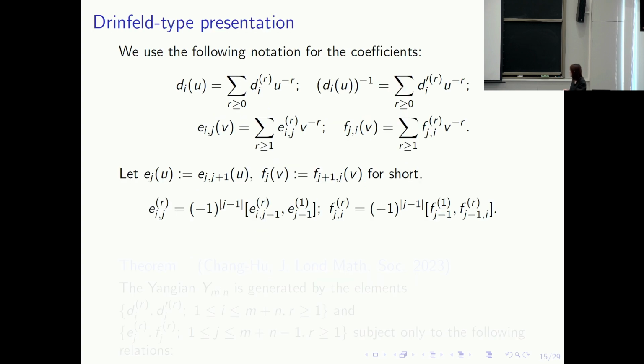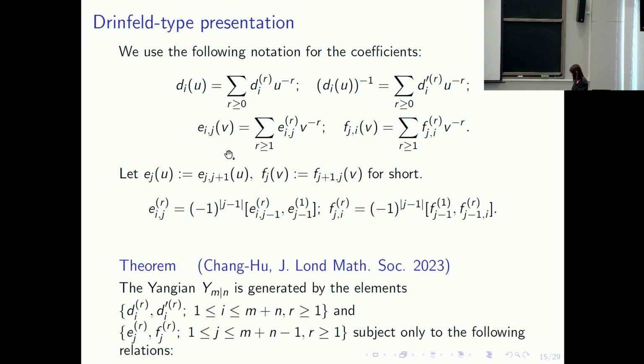But we can use these inductive relations. Then we found we just use these elements only. Then we obtained this theorem: the modular super Yangian Y_{m|n} is generated by these elements subject only to the following relations.